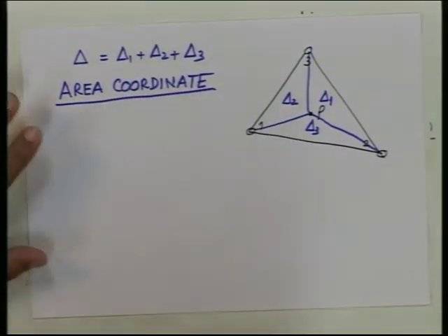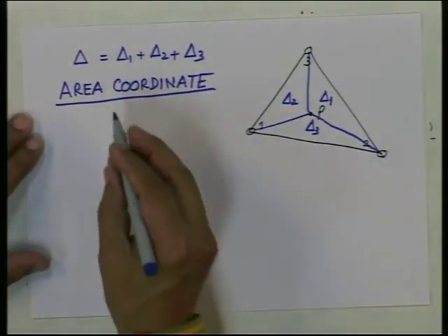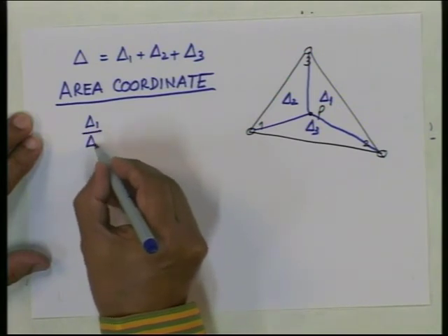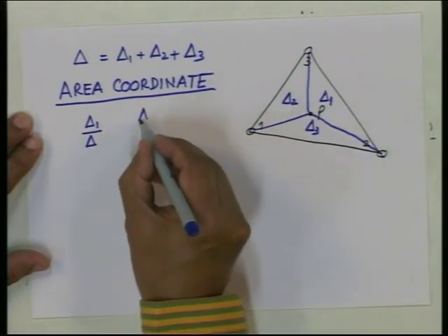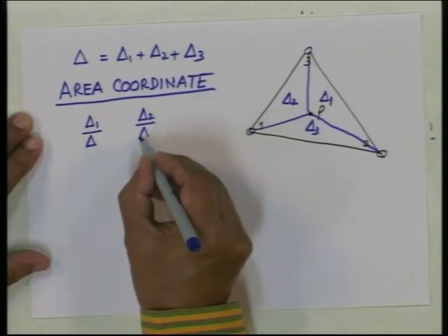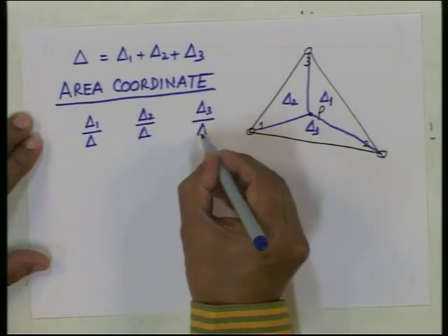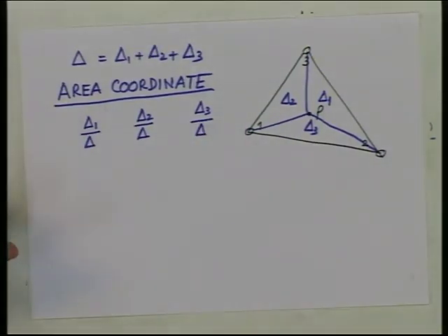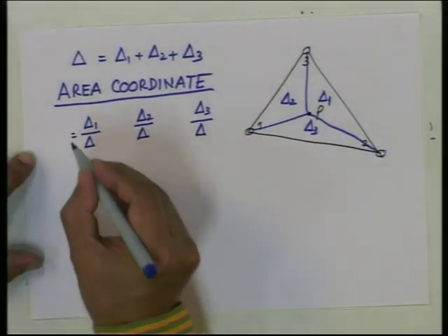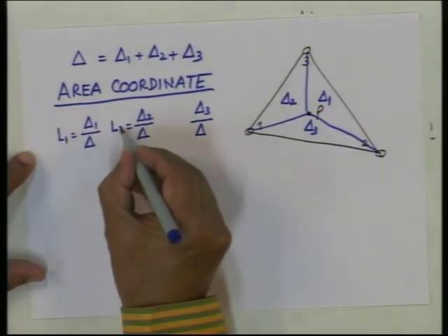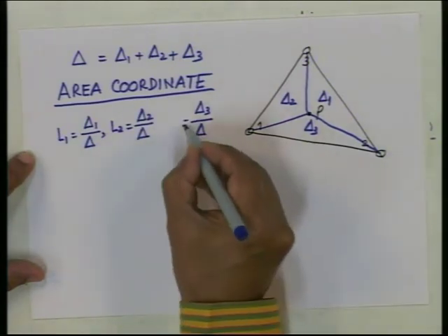What is area coordinate? All are areas. So if I take these three ratios, del 1 by total area, del 2 by del, and del 3 by del, call them L1, L2, and L3.